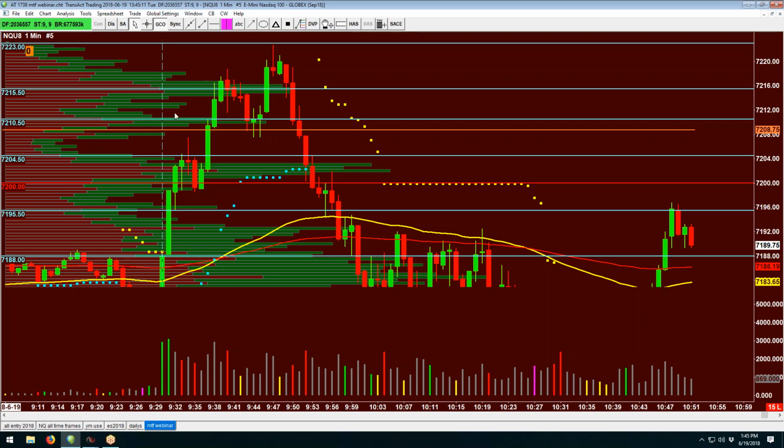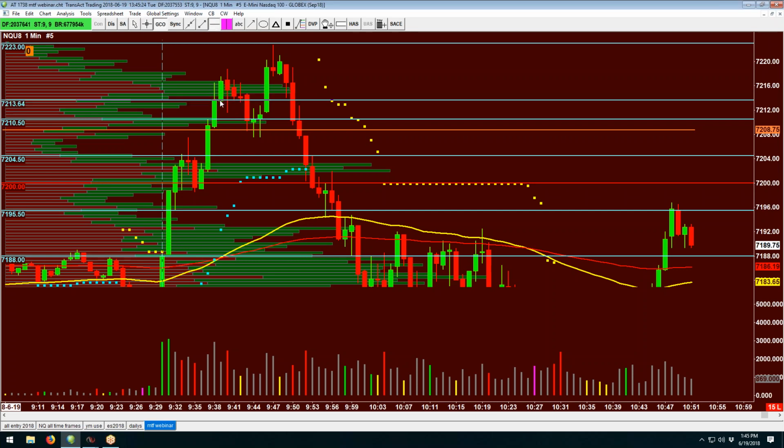For example here, once we traded off the open, you can see up to about 9:45 we had this area that was kind of consolidating. So what I'll do is move the area or draw an additional line of support or resistance. This is the general area that was holding into 9:45, 10 o'clock.